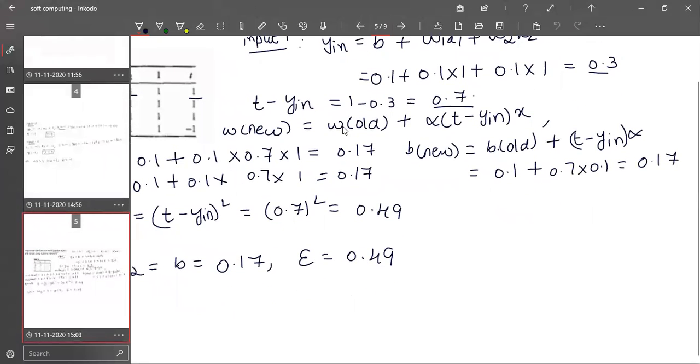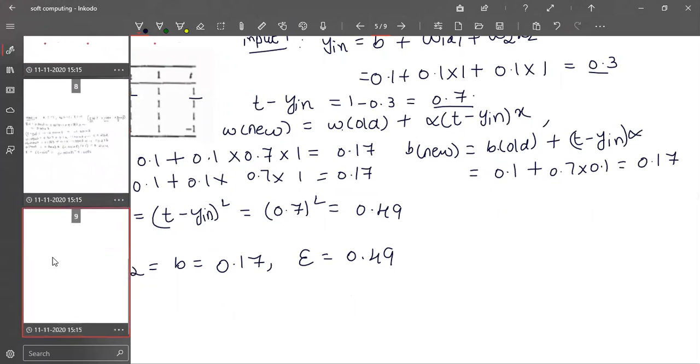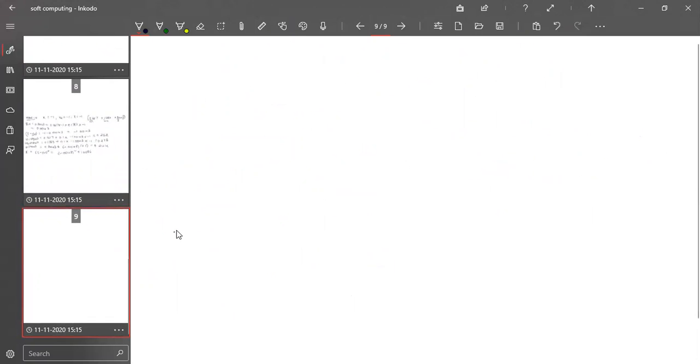So our total error: 0.49 plus, for input 2 we got 0.689, for input 3 we got 0.833, and for input 4 we got 1.0086.